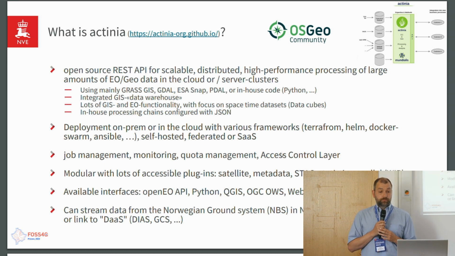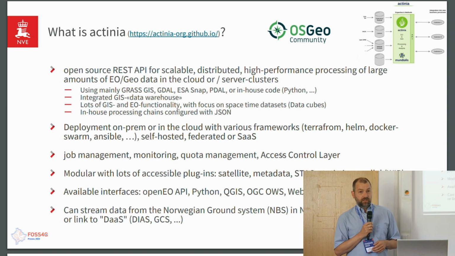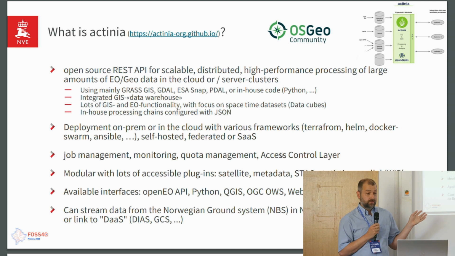It has a kind of integrated data warehouse concept that helps us organizing data. It has lots of GIS and EO functionality that we can leverage with a special focus on time series processing. But we can also use it to build and add processing chains that can be configured using JSON. There are different ways to deploy it on-premise or in the cloud.